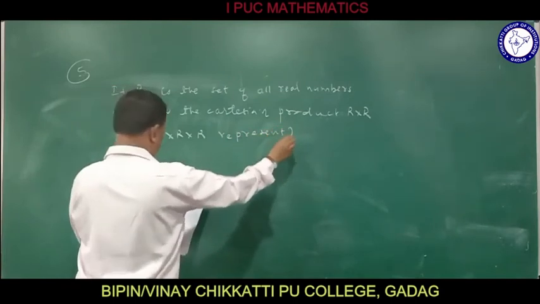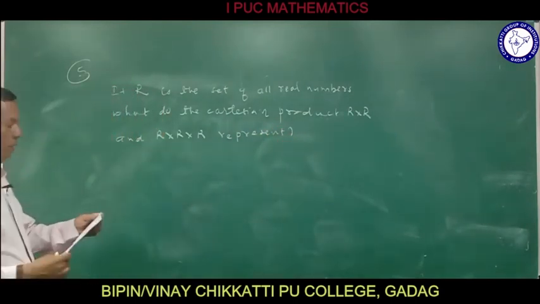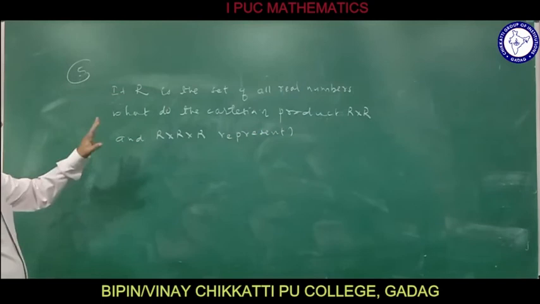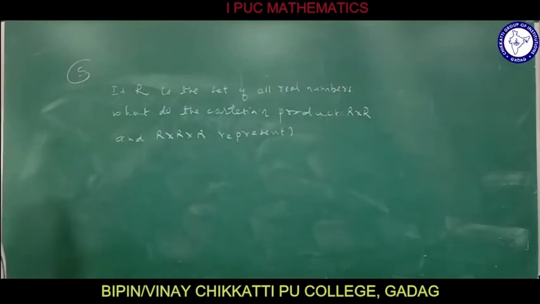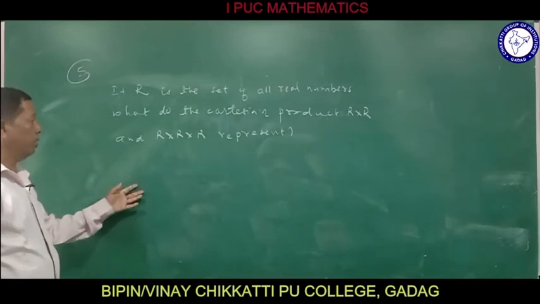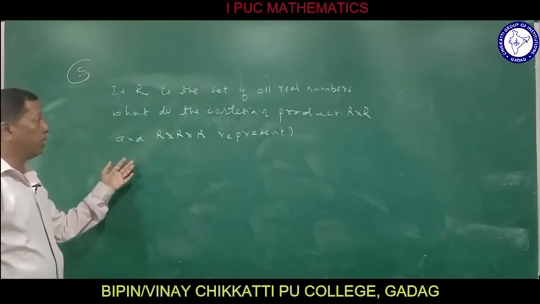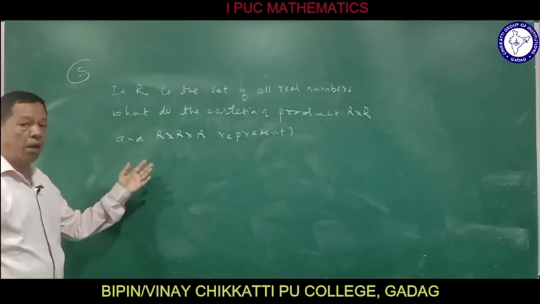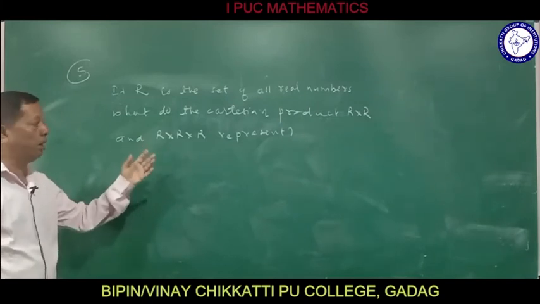See the question here. The question is: R is a set of real numbers. What does the Cartesian product R cross R represent?